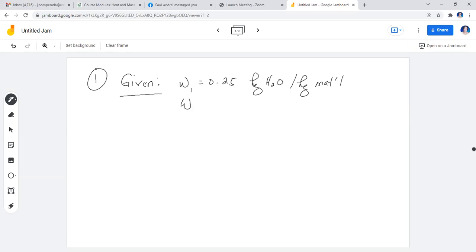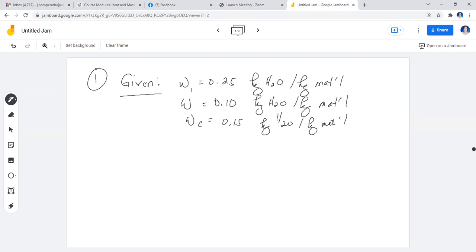And we have here the final moisture content of 10%, so the same set of units. Now we're given these fixed values of the critical moisture content, which is 0.15 kilograms water per kilogram material. And we have the equilibrium moisture content of 0.05. So this is how far the moisture content could decrease.